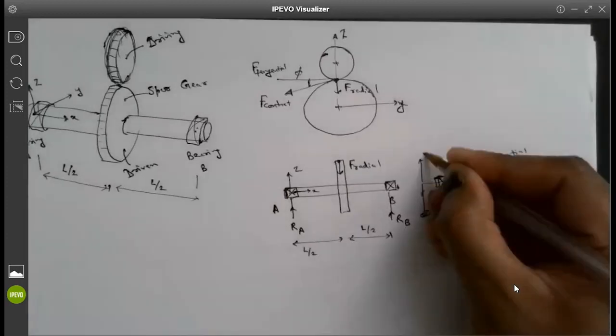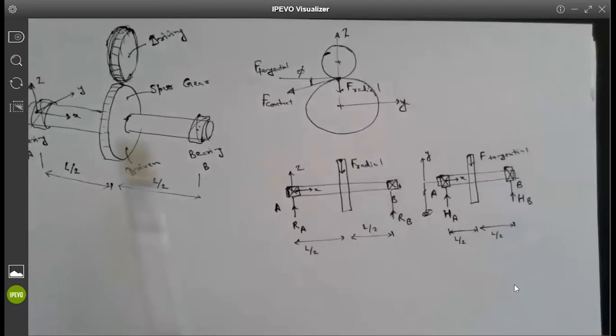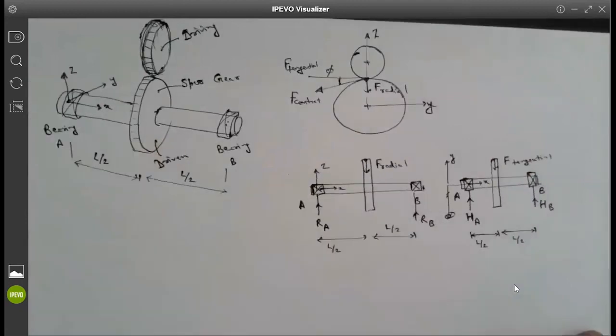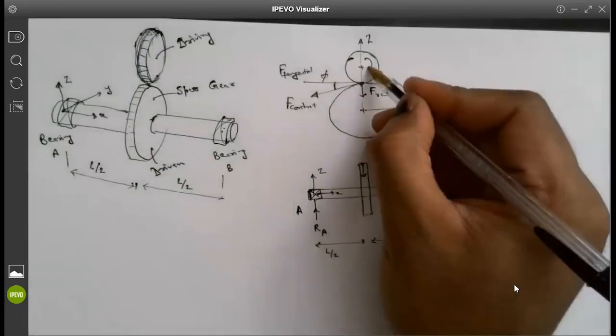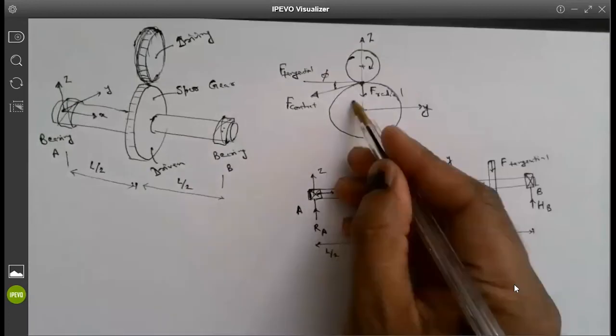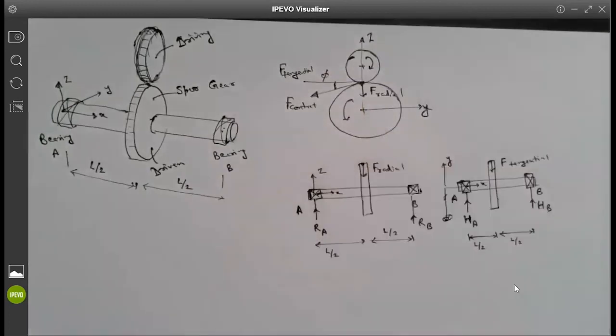So with the coordinate systems that I have drawn here, are you guys agreeing to what I have represented so far in this schematic? Please let me know if it is making sense or not.